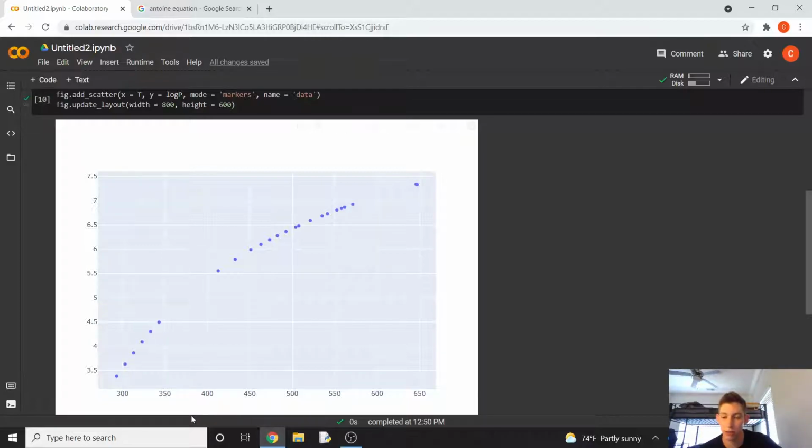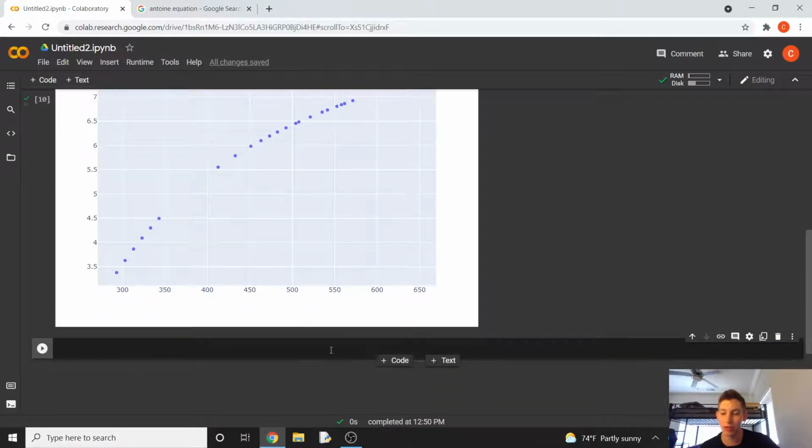We know this is accurate because around 370 Kelvin, that's the boiling point for water, and that's around 10 to the 5th pascals. So the log base 10 of that would be 5. So this data looks relatively correct.